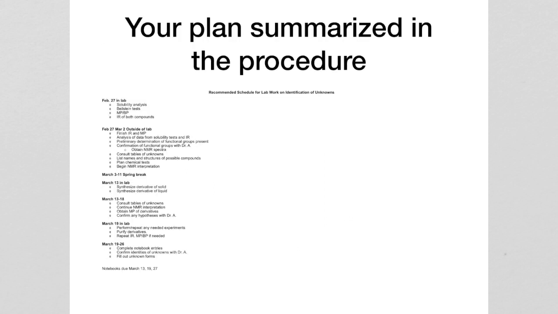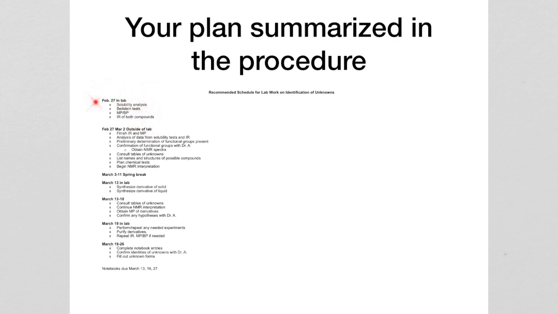So in your procedure, I've actually given you a fairly good plan for doing this lab. I actually despise doing this because it really takes out the idea of you managing the project for yourself. But I realized I needed to do this in order for this to be accomplished in the 3 weeks that we've allotted. You'll notice that I have in-lab times.